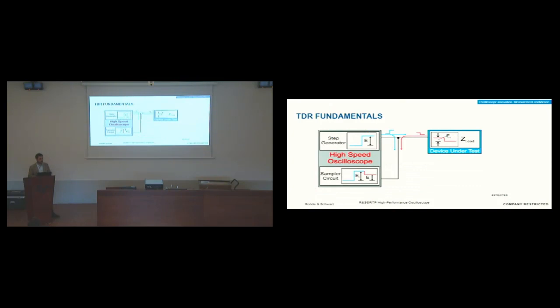So how does it work in our solution? In the oscilloscope we have a built-in step generator, a very high frequency, very steep rise time pulse source. In the output of this step generator there is a built-in power splitter, which allows us to send this pulse both to the DUT and to the oscilloscope, to the analysis channel.